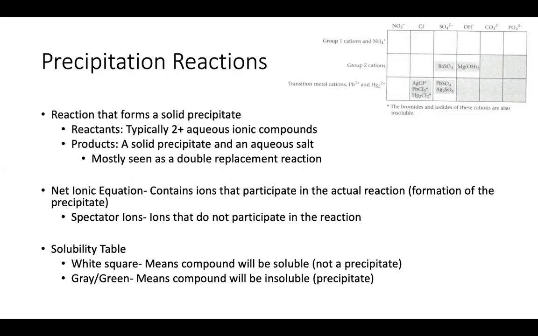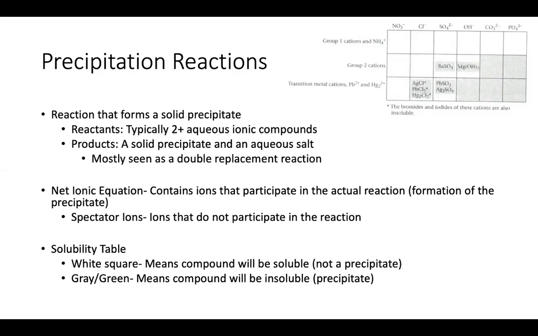Remember about our net ionic equations. This is an equation that only includes the portions that participate in the reaction. For a precipitation reaction, we form a solid precipitate, so the net ionic equation should include on the reactant side the ions that make the solid, and on the product side just the solid.